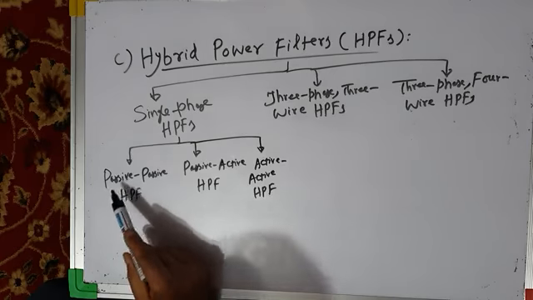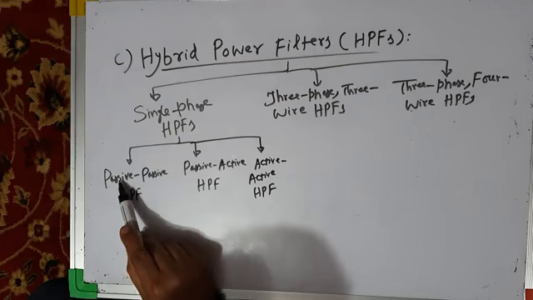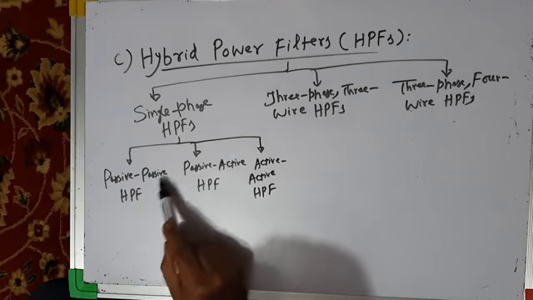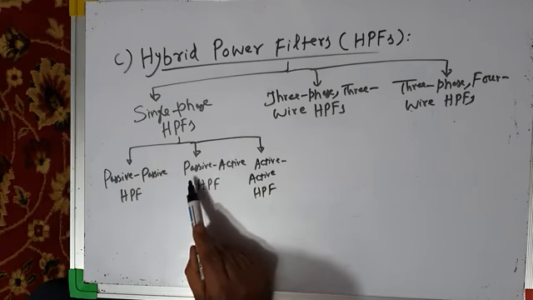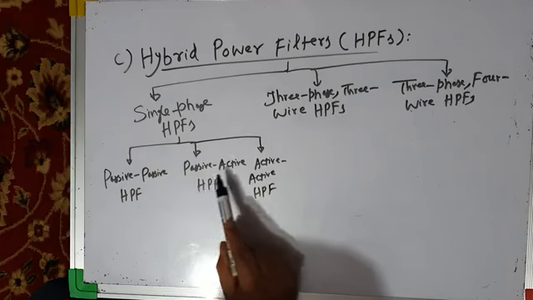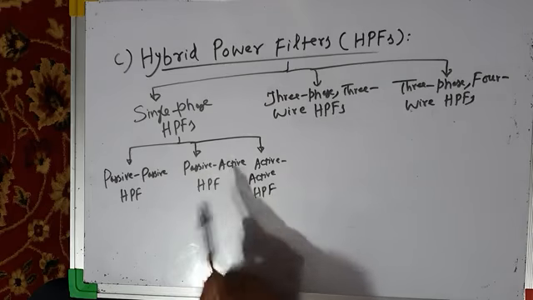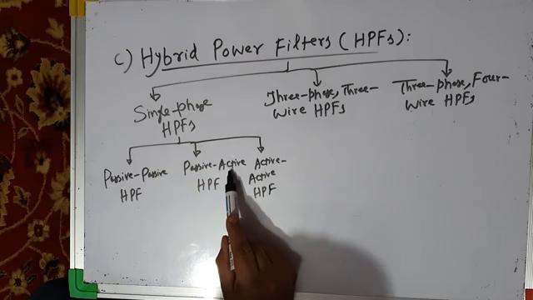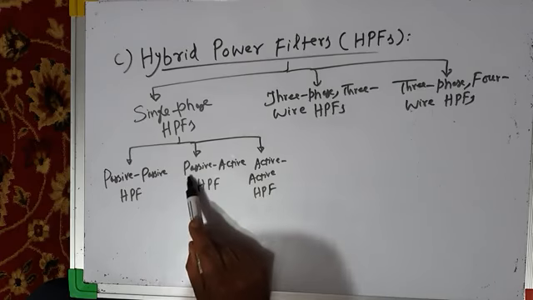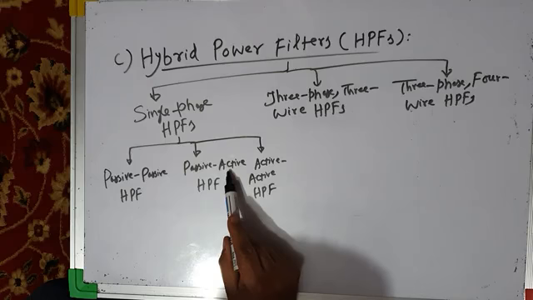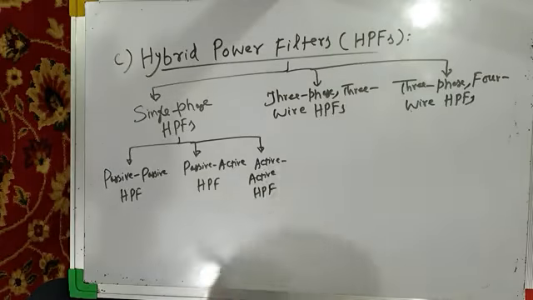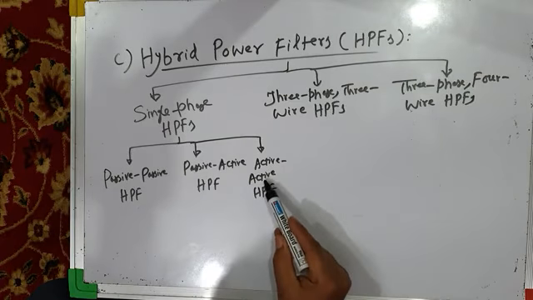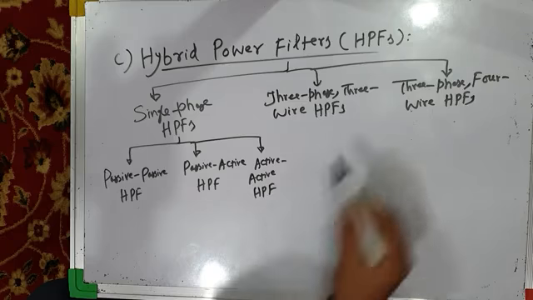This means your shunt power filter is also passive, series power filter is also passive. That's one classification. Another classification is your shunt power filter may be active, may be passive, and series power filter may be active. Or your series power filter may be passive and shunt power filter may be active. Or another classification is that both shunt as well as series power filters may be active power filters.